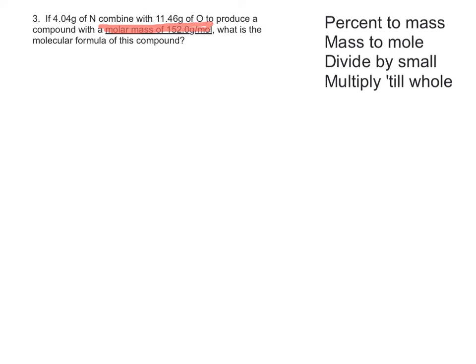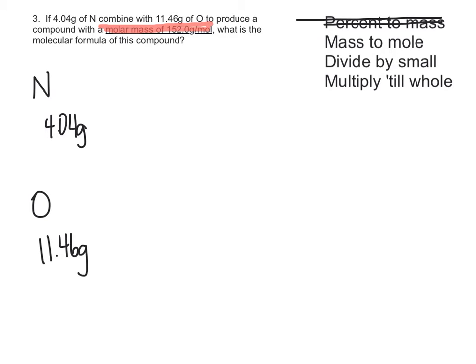So here we go. We're going to start off just the same with our little poem here. So we're going to write our elements. We have nitrogen and we have oxygen. And we can skip step 1 because the mass is already given. So we're going to go 4.04 grams of nitrogen and 11.46 grams of oxygen.